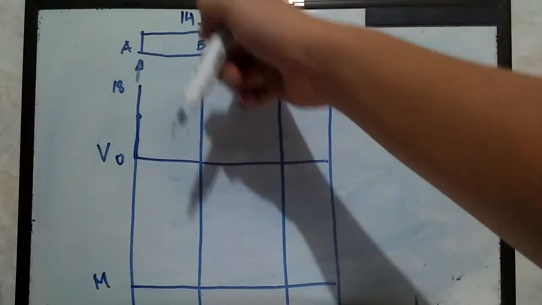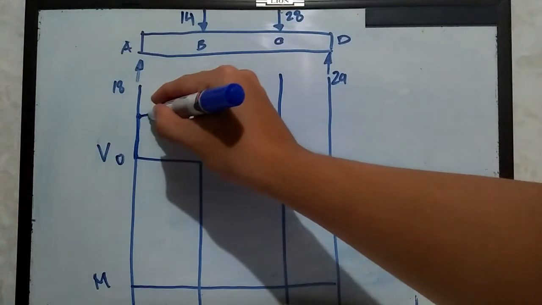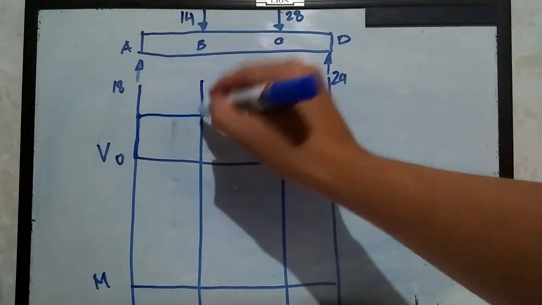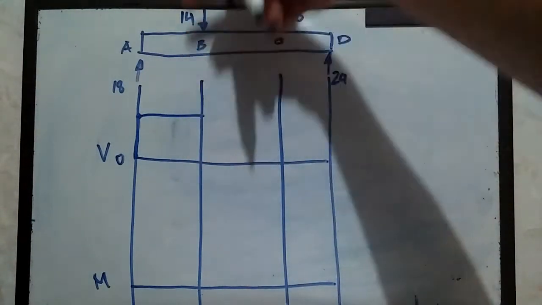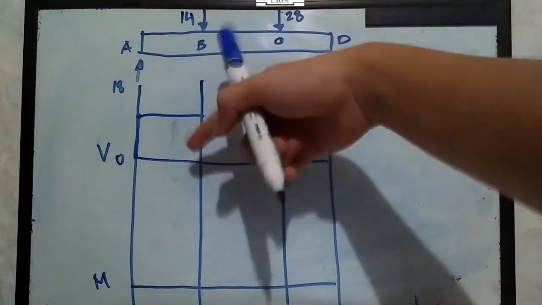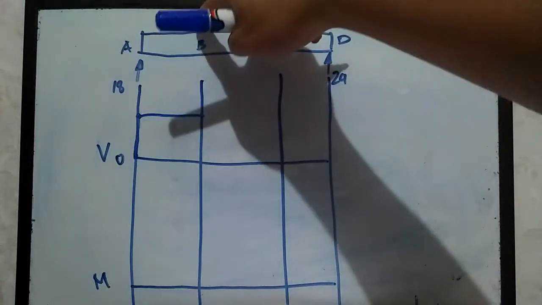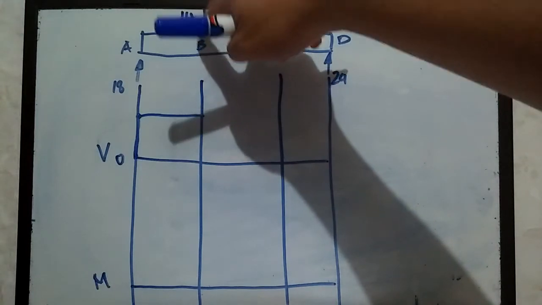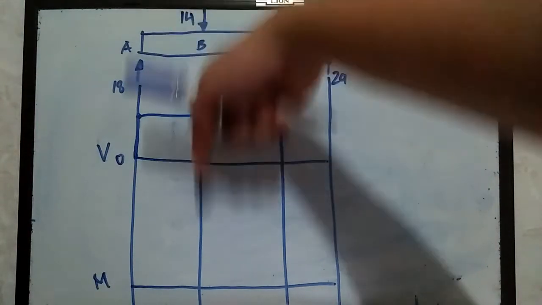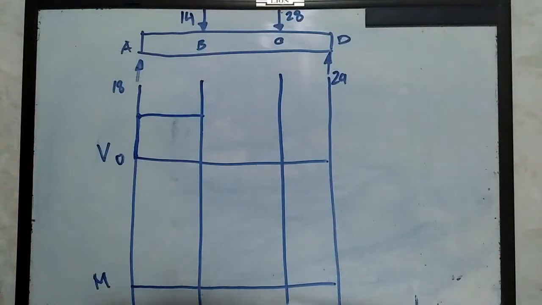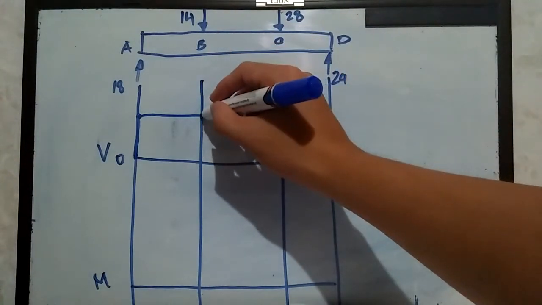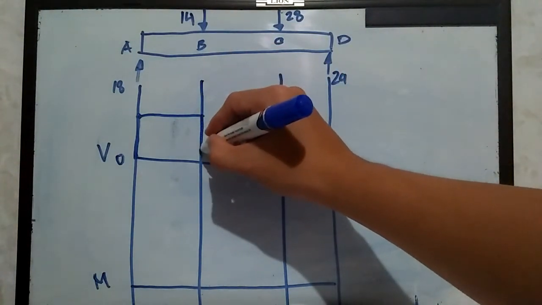We're going to move all the way to point B, like this. Then we need to go down by 14 units downward because there is a 14 kilonewton force acting at point B. So we need to go downward. And from there on, this is going downward at this point.